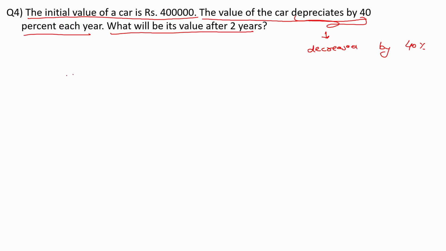So I am going to take the initial value, that is 4 lakhs. As the value of the car is depreciated by 40%, I can say the leftover value would be 60% of the initial value. So 60% of the initial value would be 2,40,000.